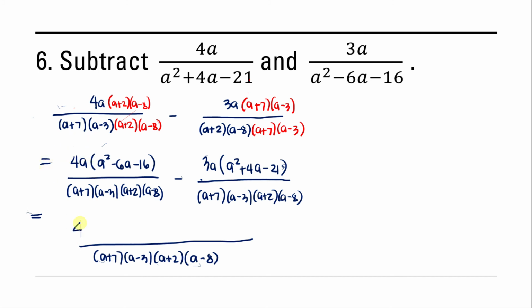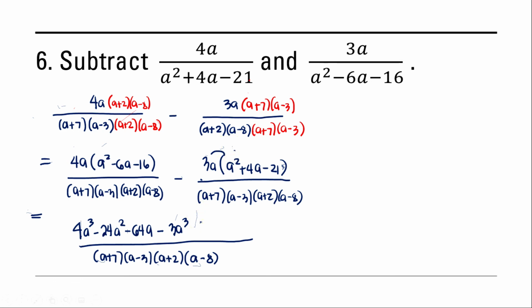Magiging numerator na natin will be 4a times a squared is 4a cubed. 4a times 6a is minus 24a squared. 4a times negative 16 is minus 64a. Minus 3a times a squared is 3a cubed. 3a times 4a is 12a squared.